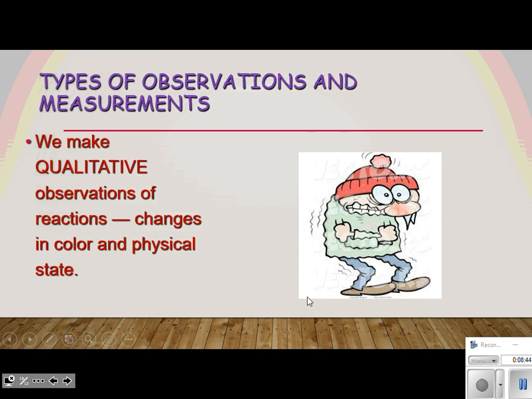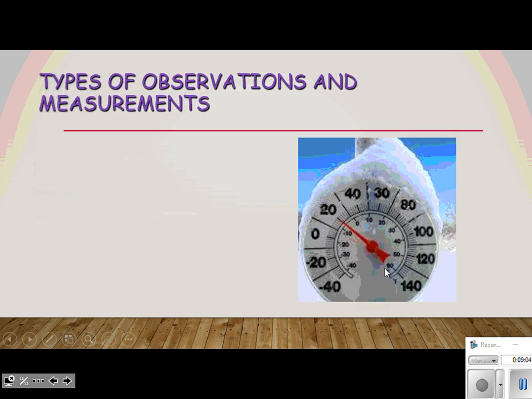Look at this guy here. He's cold. He's shivering. That's a physical observation that I can make. Oh, that guy is cold. Now, how does that deal with qualitative compared to quantitative?